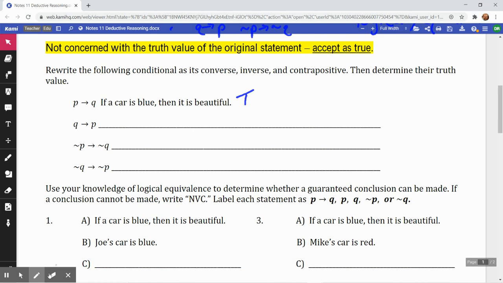Just for some practice here, if we rewrite the statement as the converse, which starts with the second half Q and ends with the first half P, and remember we're going to keep the subject always in the first half, we're just going to write this as: if a car is beautiful, then it is blue.